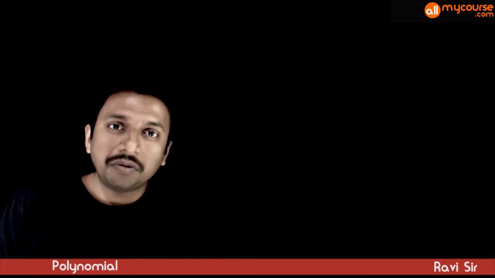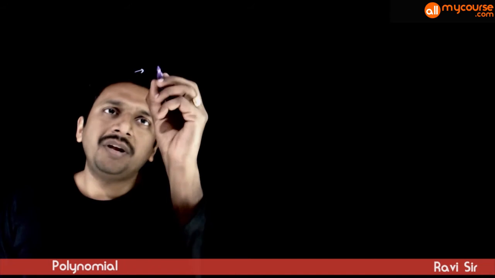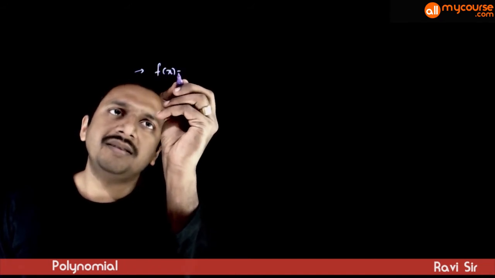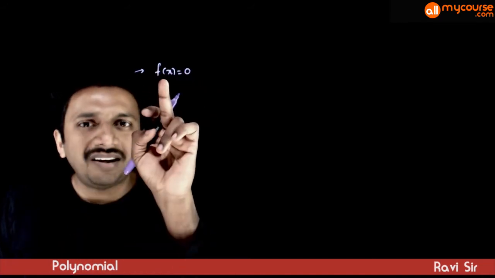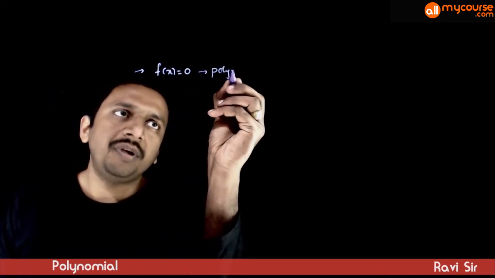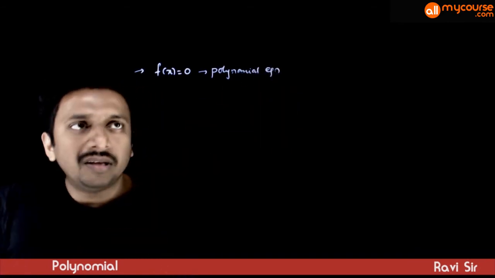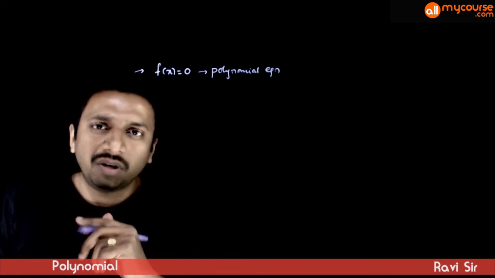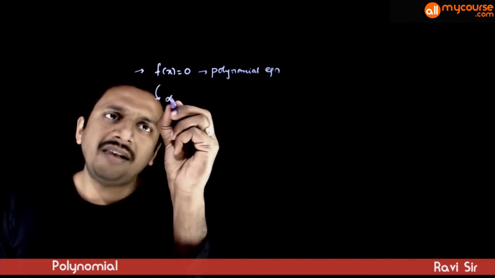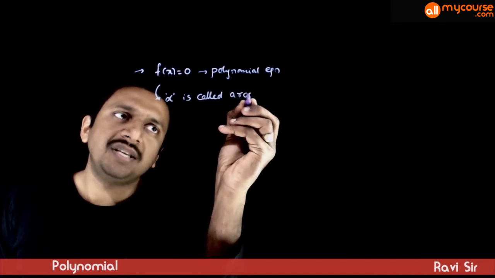So in this video, let us look at the theorems that we have regarding the number of roots of a polynomial equation. If you have a polynomial equation of the form f of x is equal to 0, whenever you write a polynomial equal to 0, this becomes a polynomial equation.